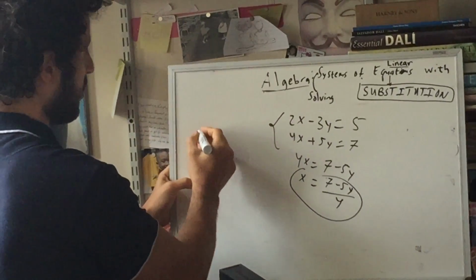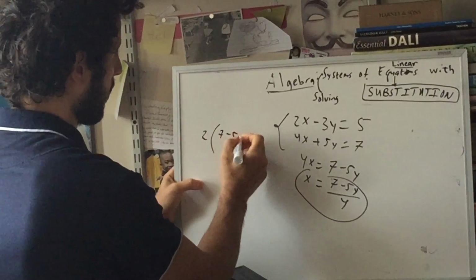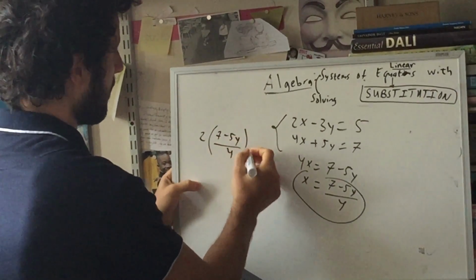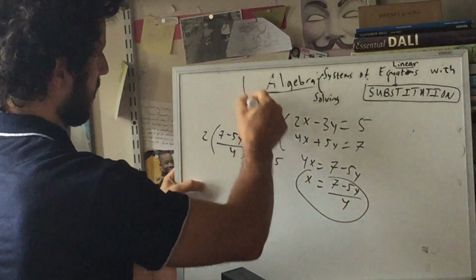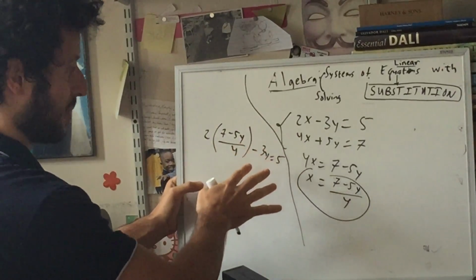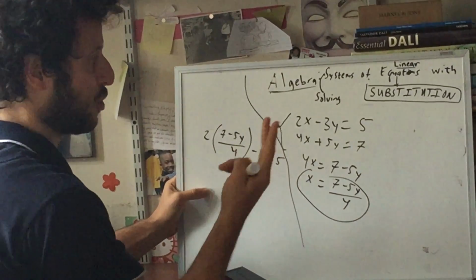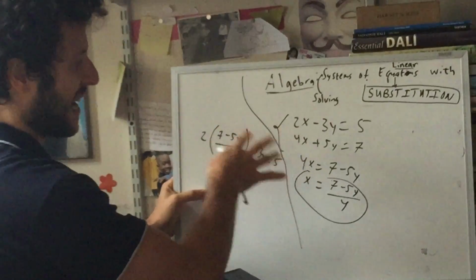So we're going to have 2 times that whole thing minus 3y equal to 5. Now notice everything is in y's now, so we'll be able to do this. I want to emphasize 2 points: A, that we can do this, and B, that it's kind of unpleasant and annoying to do this.